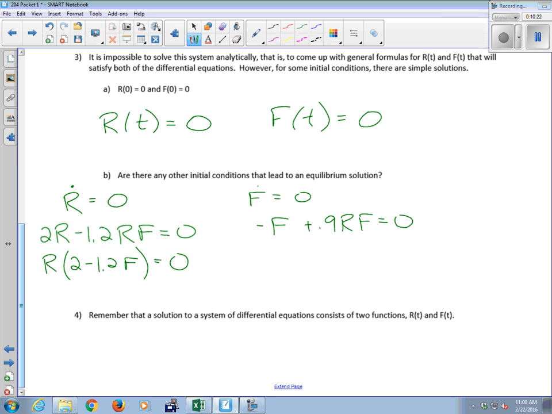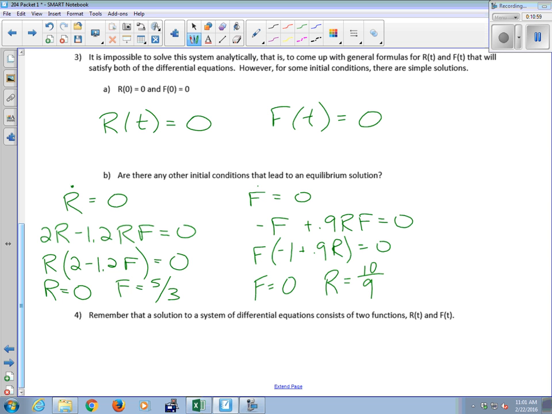Then I get two solutions, r equals 0 and f equals 2 over 1.2, which is 5/3. And in the second one, I can factor out an f. I get f times (-1 plus 0.9 r) equals 0, so I get f equals 0, and r equals 10/9.